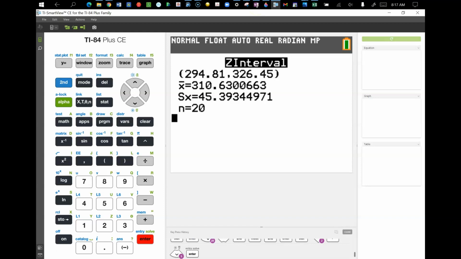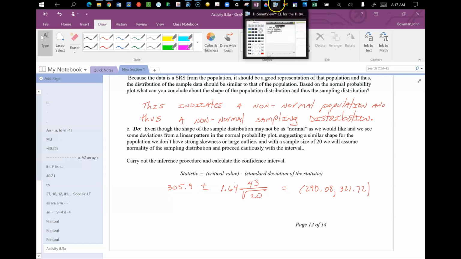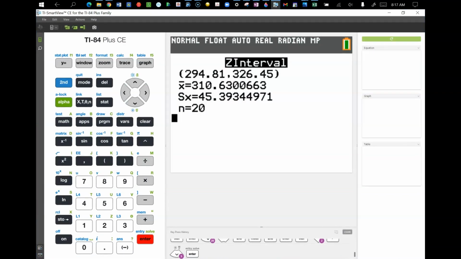I don't know if you noticed this or not, but if you compare what I have as a solution in my notes, my confidence interval in my notes goes from approximately 290 to 322, but in my calculator, I got a different answer. And I think this is a good example of how easy it is to make a mistake when you're entering data.